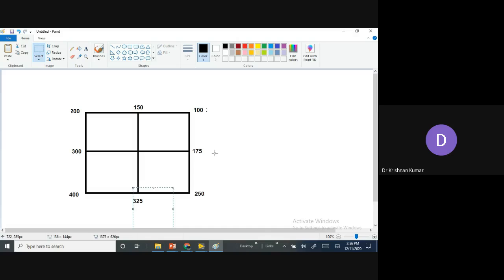How much is it coming? 175 divided by 2, which is 87.5. So 87.5 means, just one minute, 175 plus 87.5.